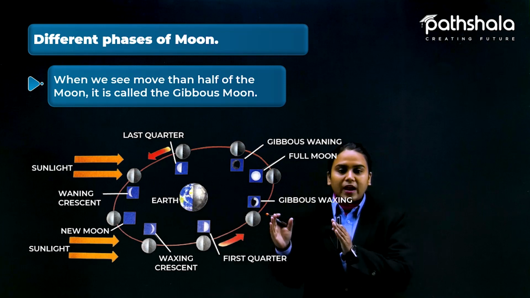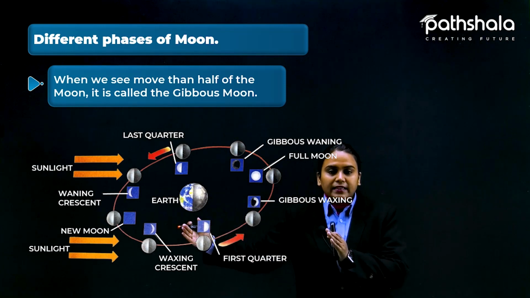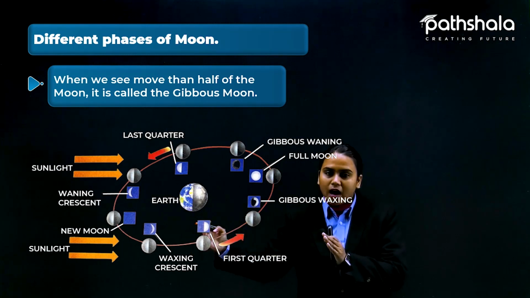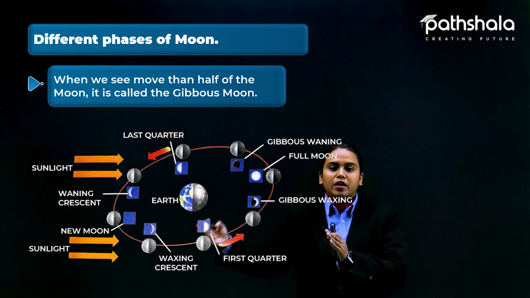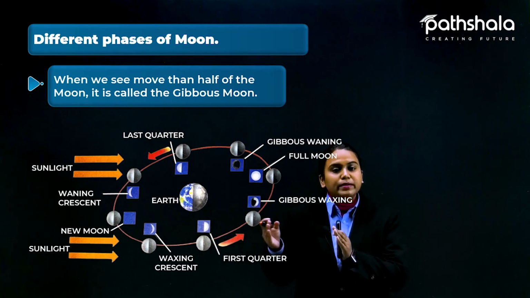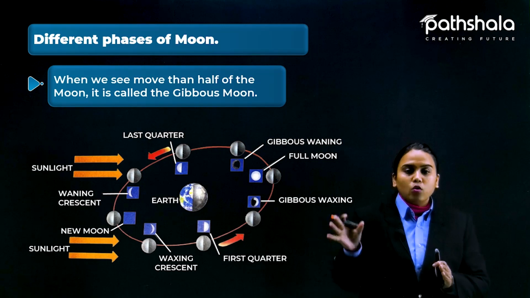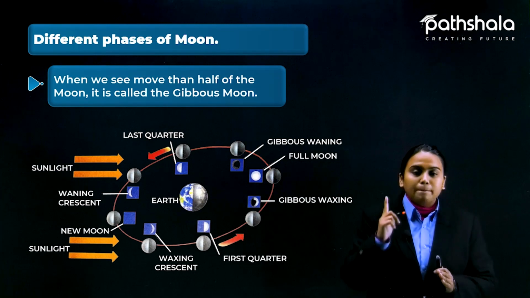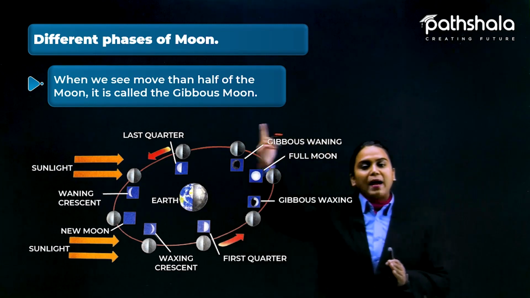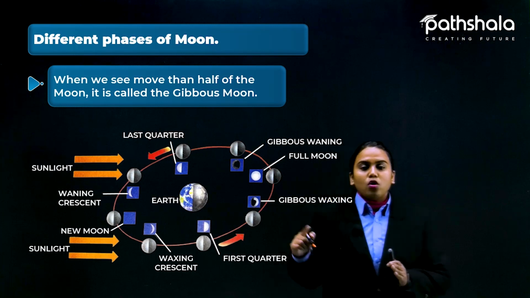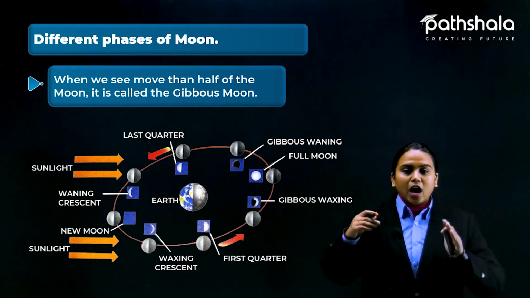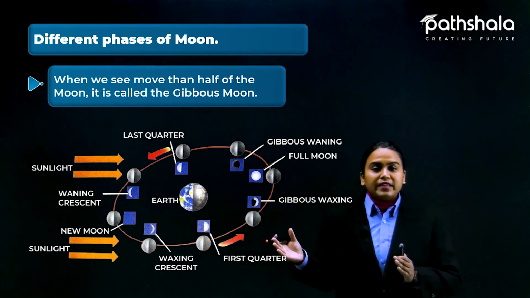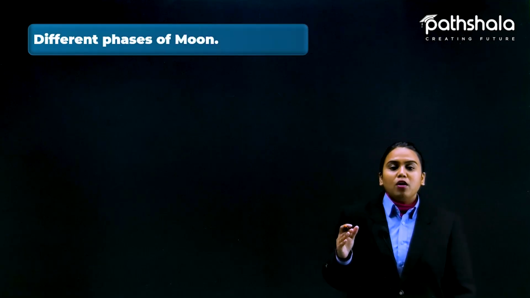Because at this part it is again going to increase, from less than half to half, and now more than half. Waxing denotes that from the new moon we are shifting to the full moon, and waning means from the full moon we are shifting back to the new moon. So waxing gibbous means the moon will be visible more than half, and after that we would be able to see the full moon.